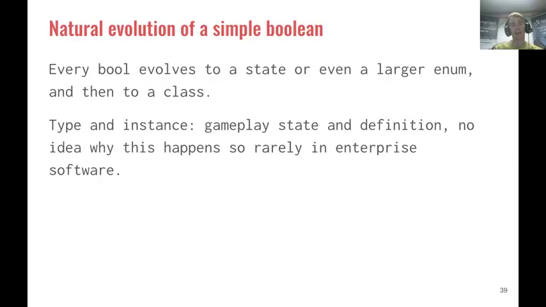Oh, yes, this is another thing which may be really helpful if you look at it both as a game designer and as a game developer. When you think of a property on an object, in games, let's say they did a certain thing, they agreed to this shady deal. This may be a boolean at the start: they agreed or they didn't agree. But then, of course, in nicer games, things are not just black and white, just like in life.